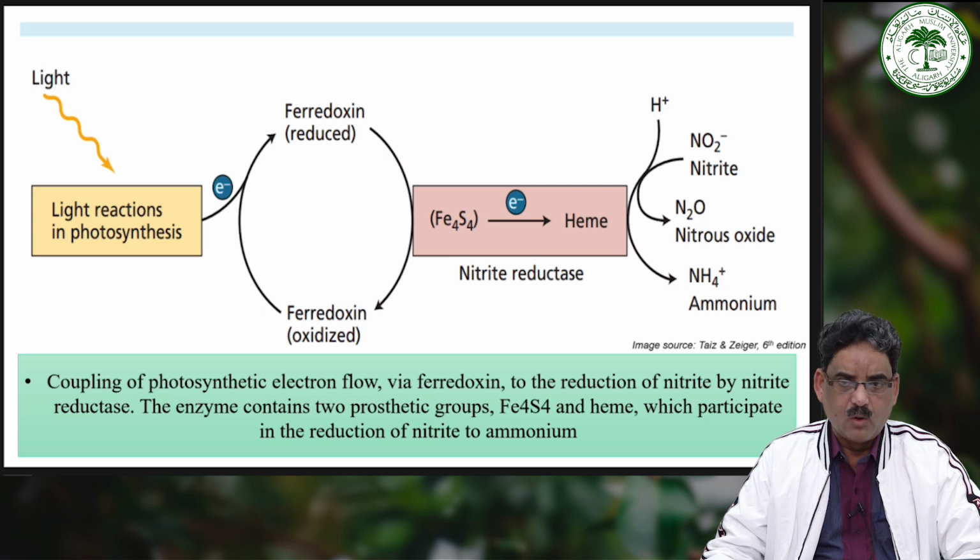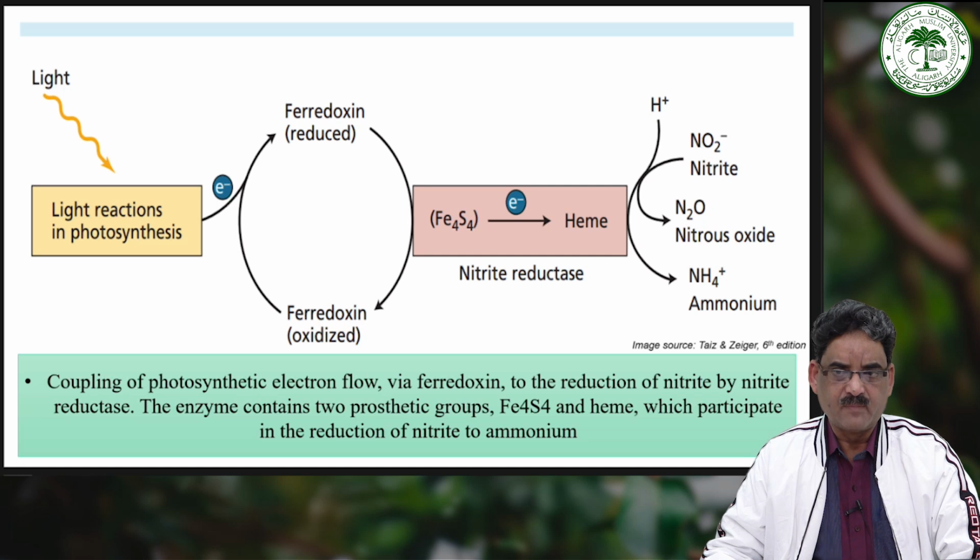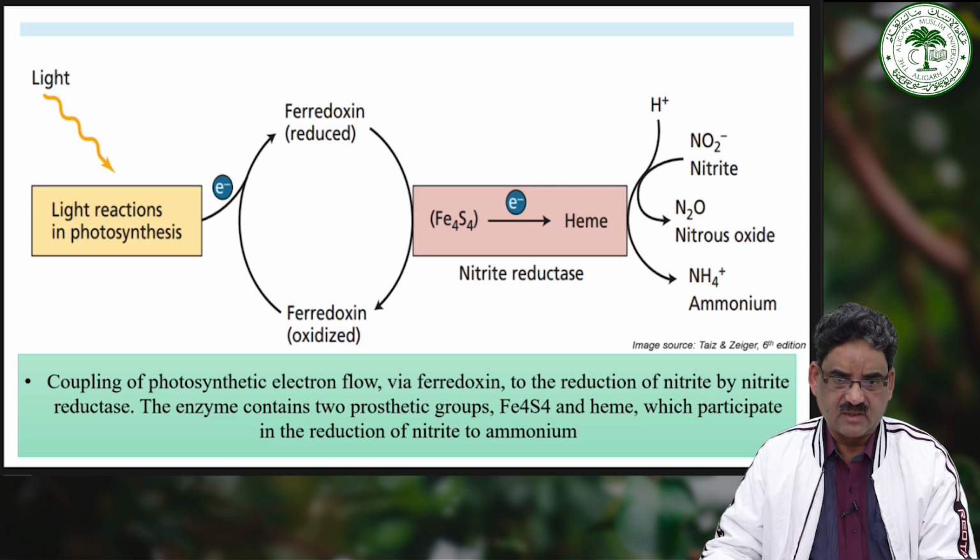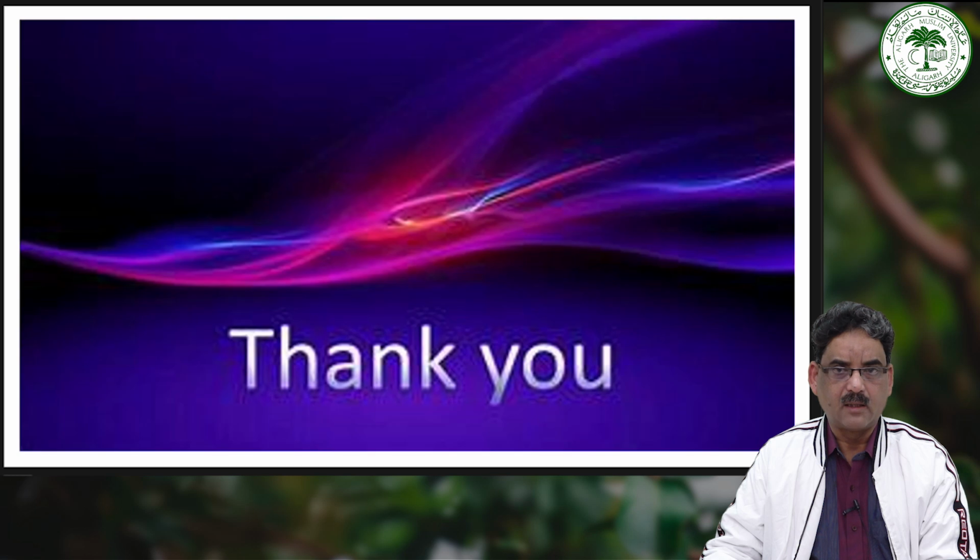Overall, the coupling of photosynthetic electron flow to nitrite reduction by nitrite reductase represents a vital biochemical pathway within the chloroplast, ensuring the efficient utilization of nitrogen resources and contributing to the overall productivity and health of the plant.